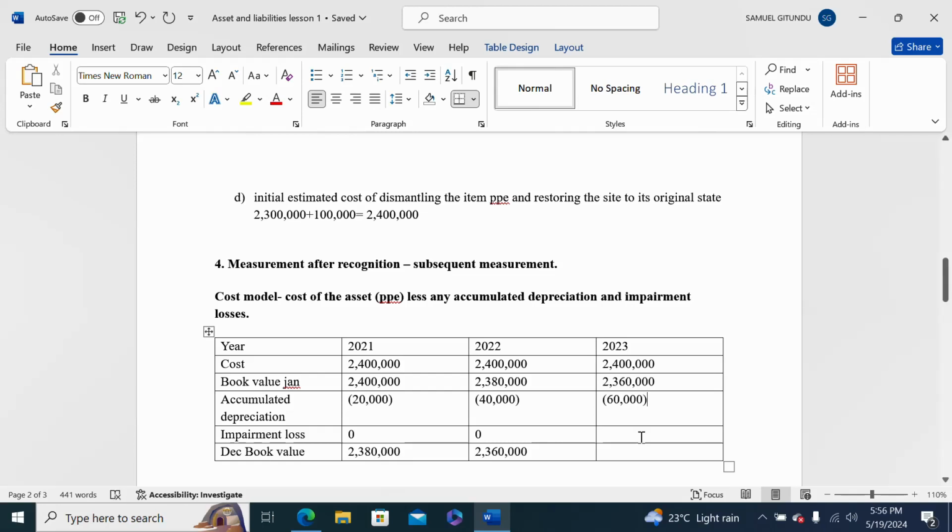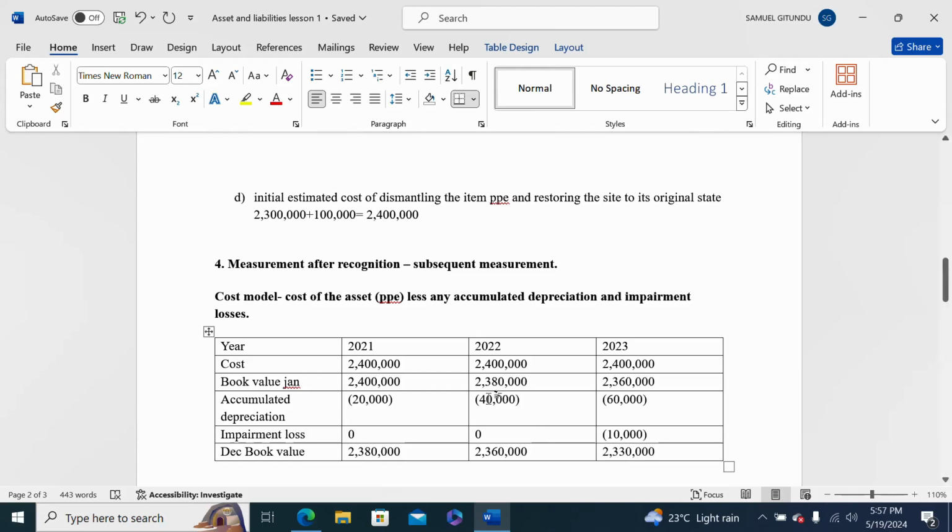If there's no impairment loss, or for example if there's an impairment loss of 10,000, then the book value at December 2023 will be 2,330,000.